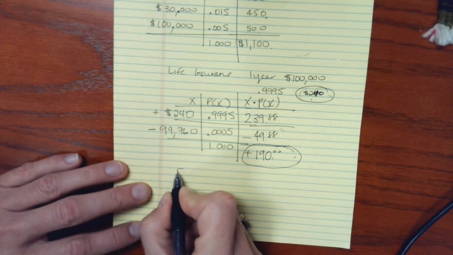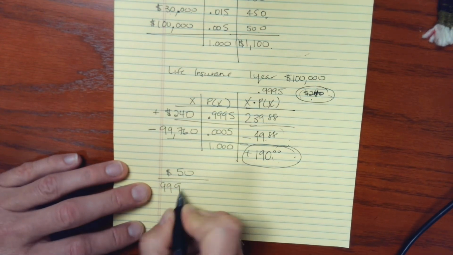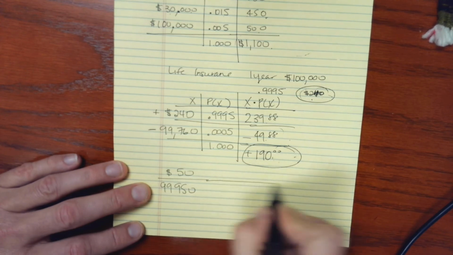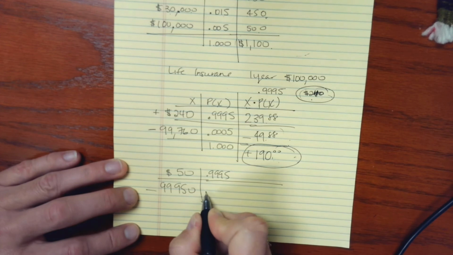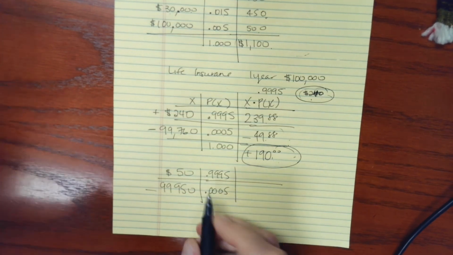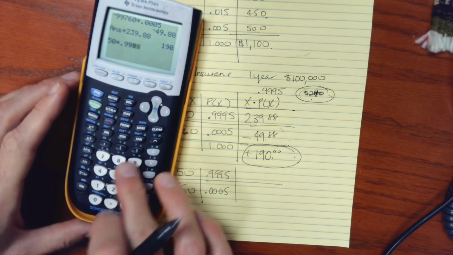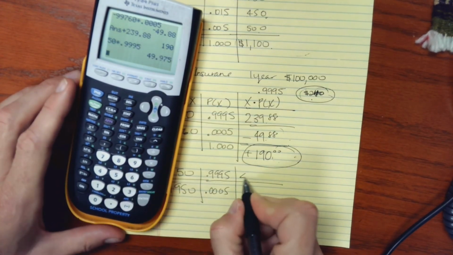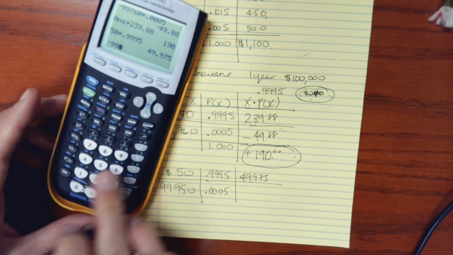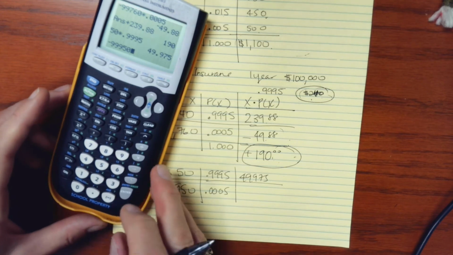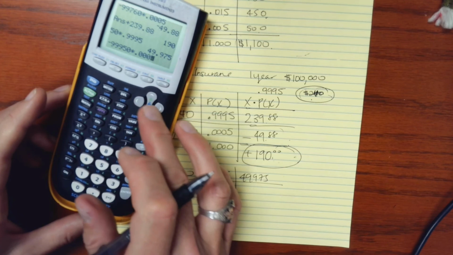Then we would have $50 here and negative $99,950, and the probabilities are 0.9995 and 0.0005. When we multiply across, 50 times 0.9995 is 49.975.